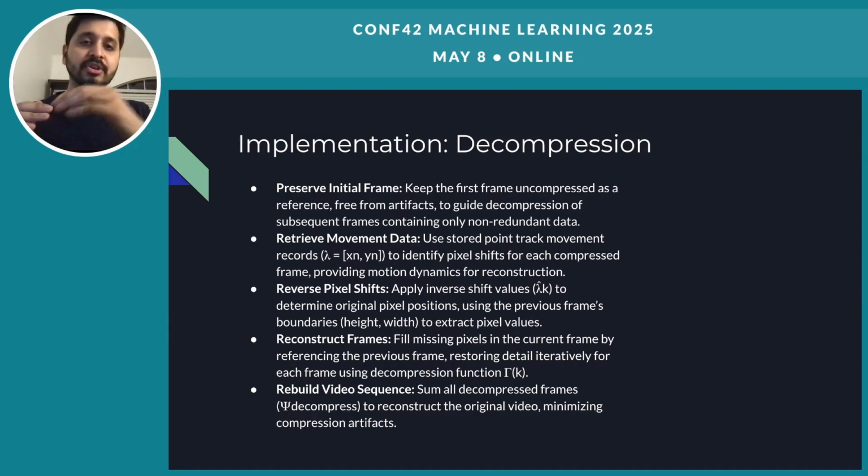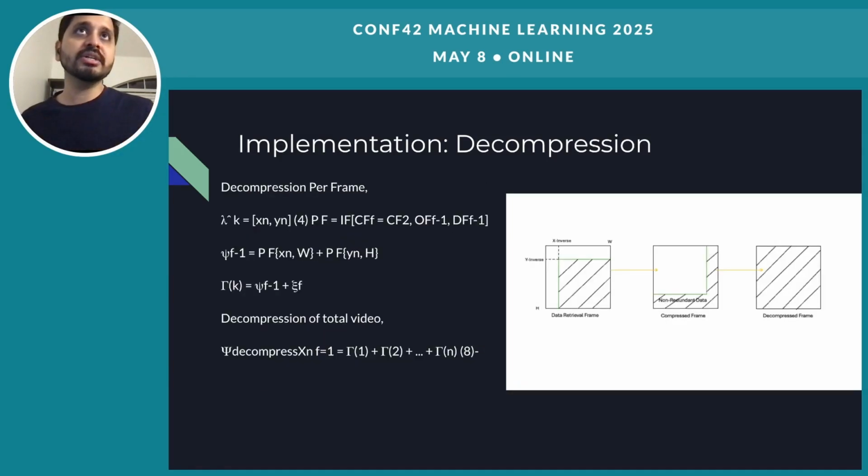So when we do the compression, we store all the frames by storing only the non-redundant pixels, and we also store a separate array, which holds the coordinates of the redundant positions, which can be obtained from the previous frame. How that would work is, if you see here in the first image, the data retrieval frame, this is the first frame.